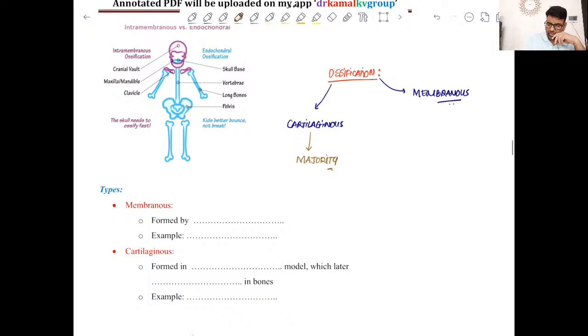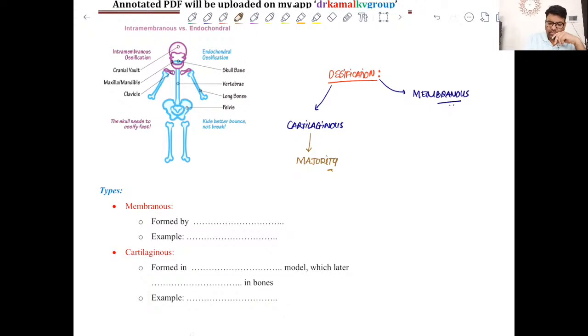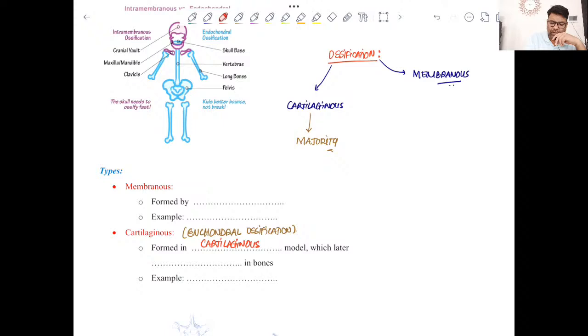Clear? So cartilaginous, which is also known as enchondral or endochondral ossification. Here the bone forms in a cartilaginous model, which later ossifies or converts into bone.